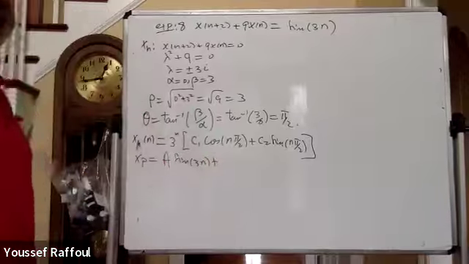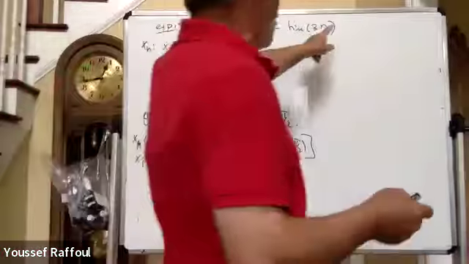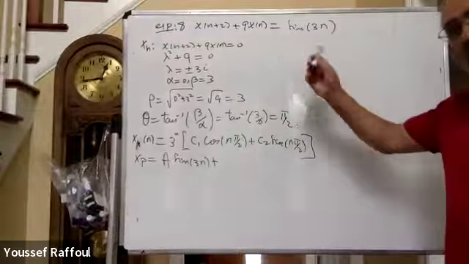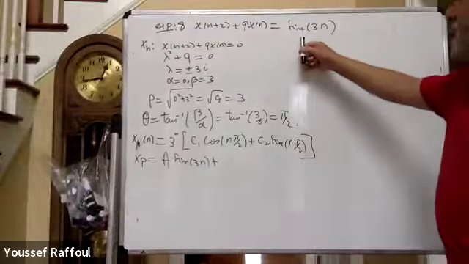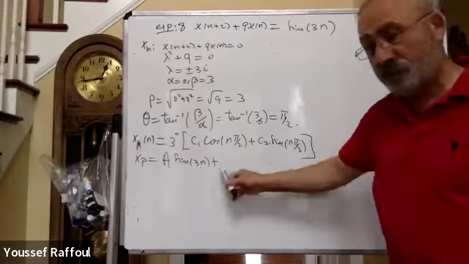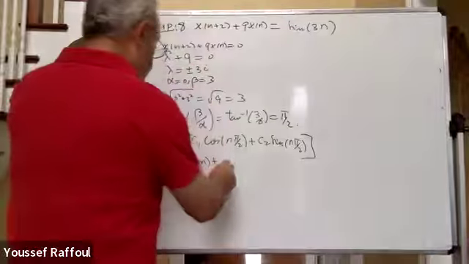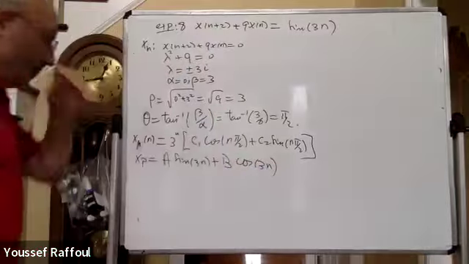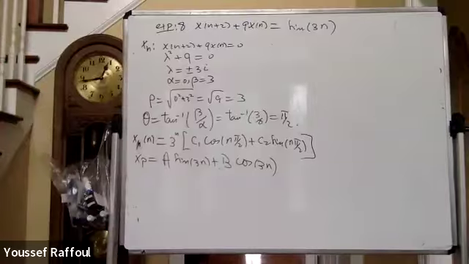Anytime you have a sine or cosine term, you need to put both terms. Plus b cosine 3n.